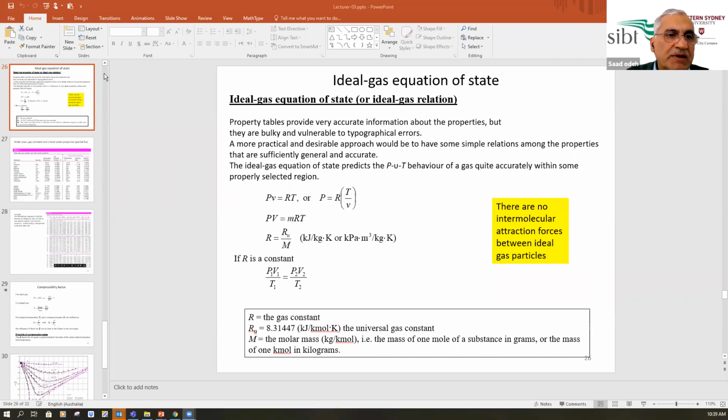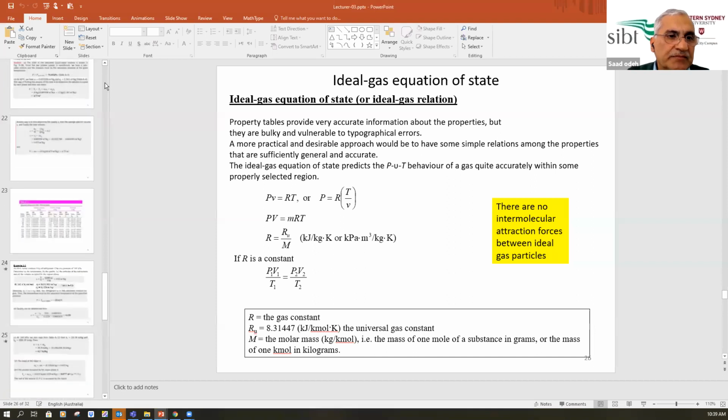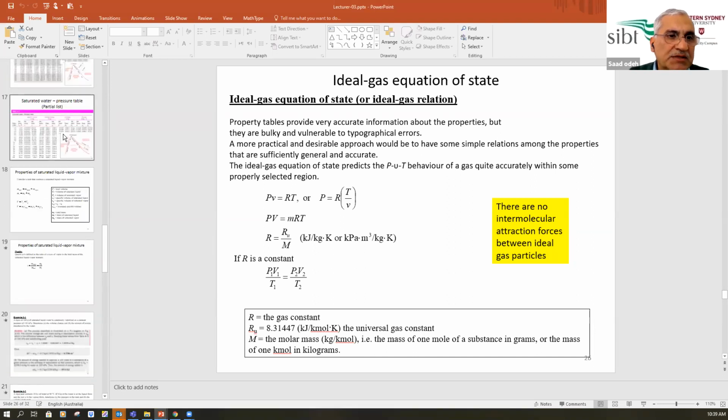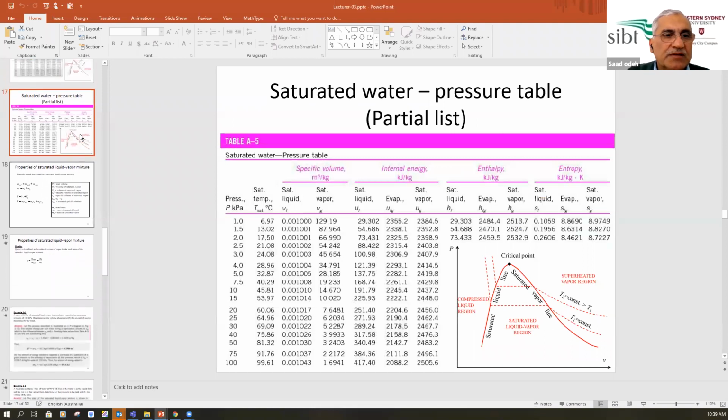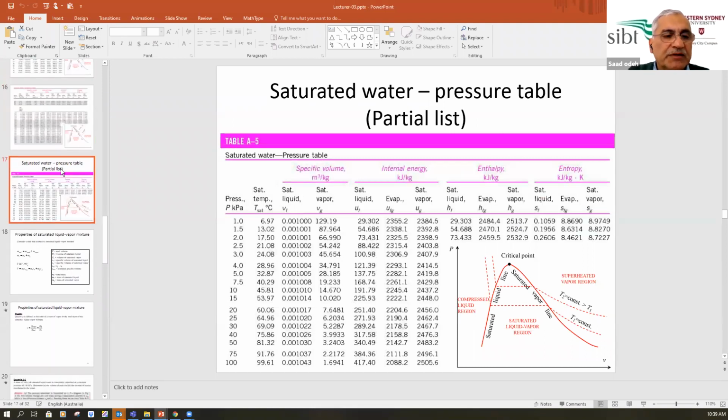So I remember last week we talked about these steam tables and some refrigerant tables also, and we showed you how to use these tables and how to find the values from these tables.